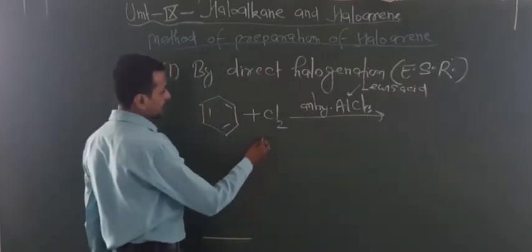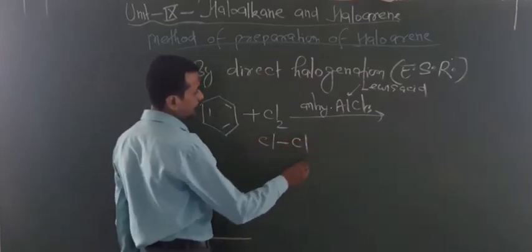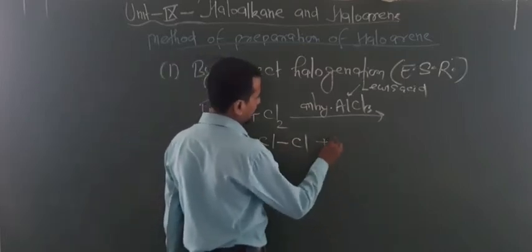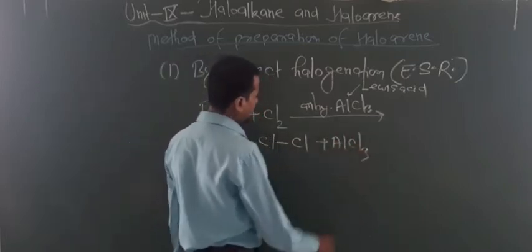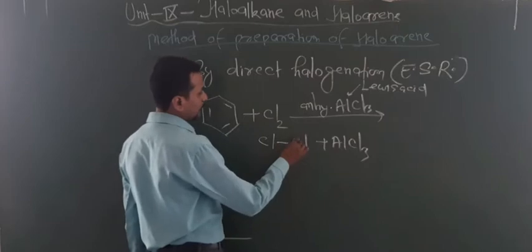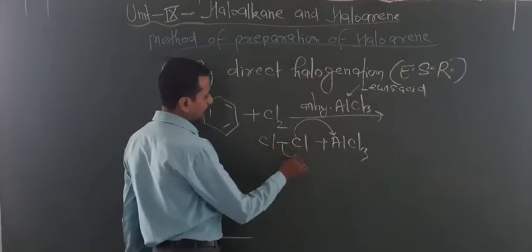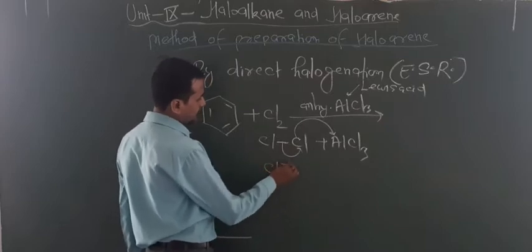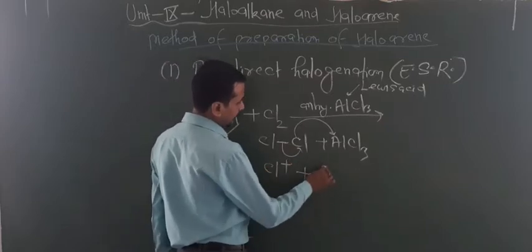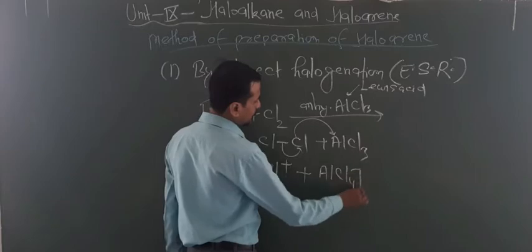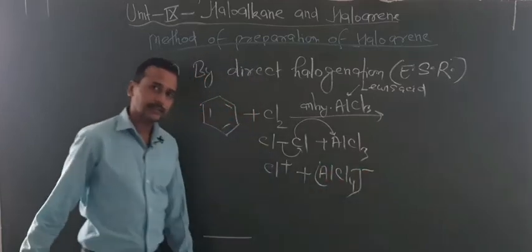Basically what happens here? The Cl-Cl bond breaks with the help of AlCl3, and the bond breaks like this. In this condition, this generates Cl+ and also forms AlCl4-.